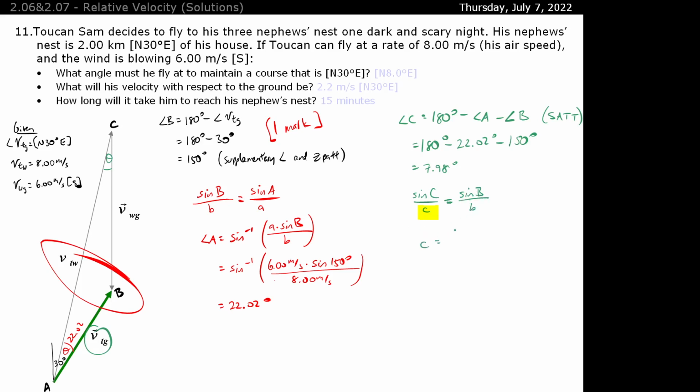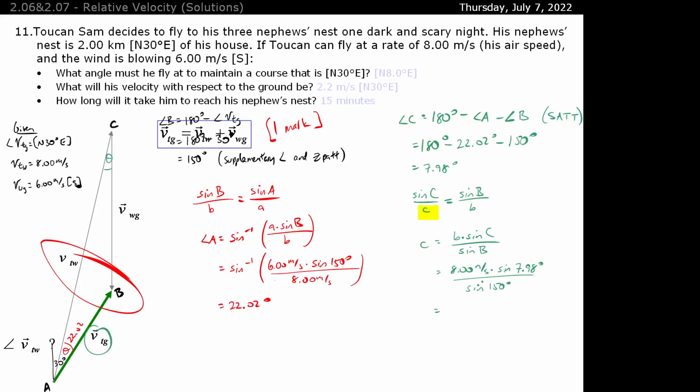So little c is equal to b times sine of capital C over sine of capital B. So little b is TW of 8.00 meters per second times the sine of angle C of 7.98 degrees divided by sine of angle B, which is 150 degrees.